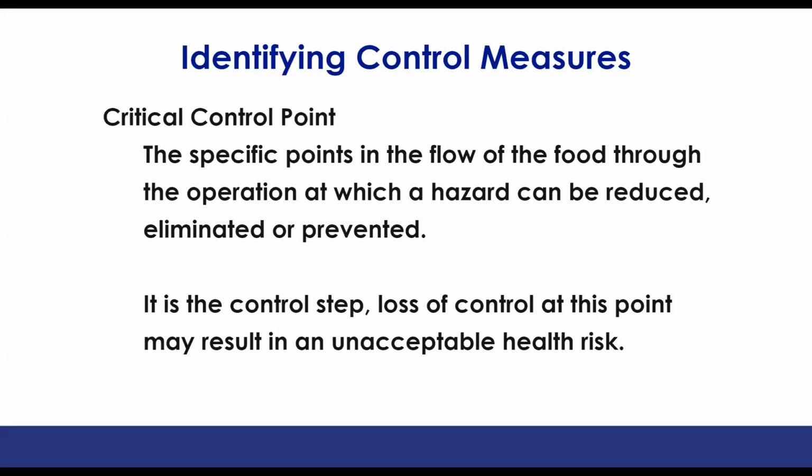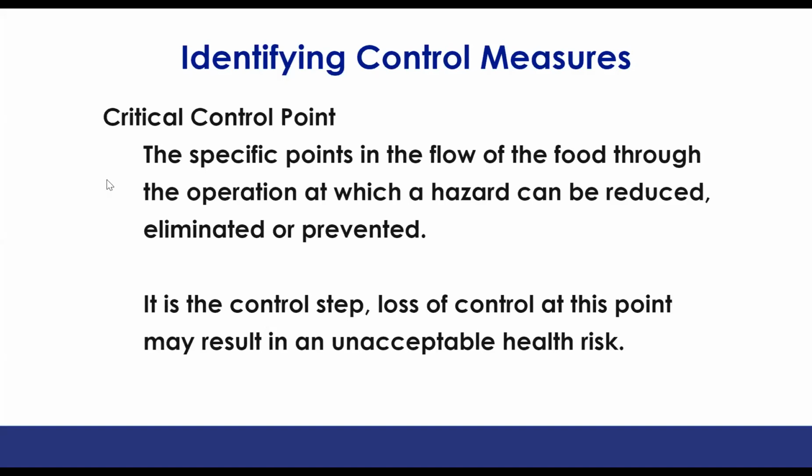How long is it in the temperature danger zone before it's either cooked or put back into refrigeration? Once it's cooked, you're going to take it to 155 for 17 seconds. And then you're going to put it into either warm holding, or you're going to serve it right away. If it's in hot holding, you're going to make sure that you check the temperature once every 2 hours.